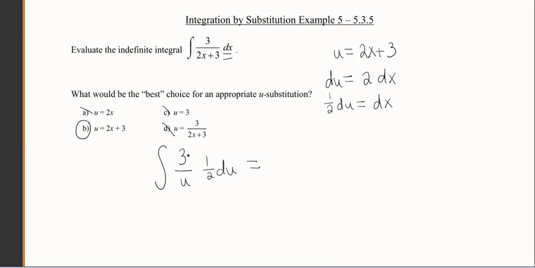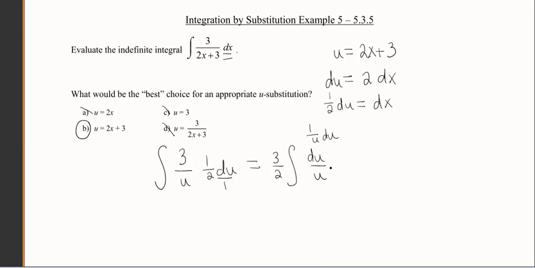We can bring the 3 out front, and we can also bring this 1/2 out front, so that gives us a 3/2 for our constant. Then we're going to end up with the integral of du over u. Remember, this is technically du over 1, so we're multiplying fractions. If you wanted to write this as 1 over u du, that's also the same thing. It's totally up to you how you want to write it.